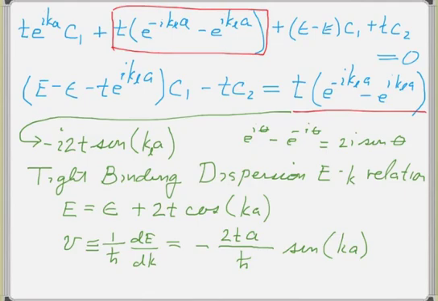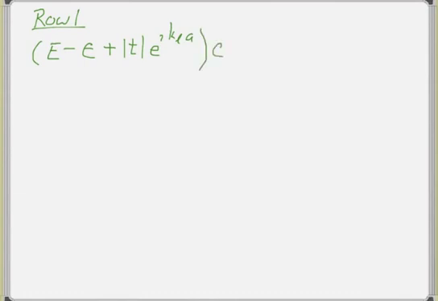So doing that, my equation for row 1 becomes (E minus epsilon minus |t| e^{i k_L a}) C1 minus t C2 is equal to i h bar v_injection over a.